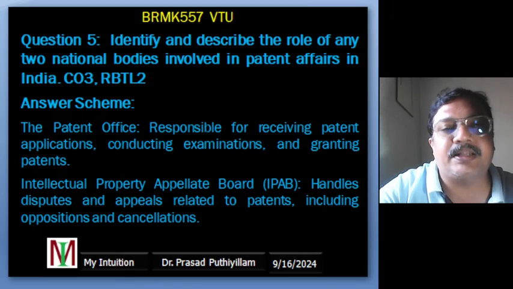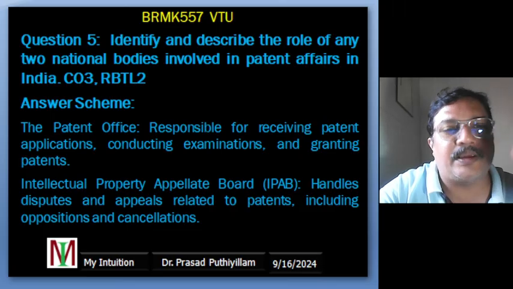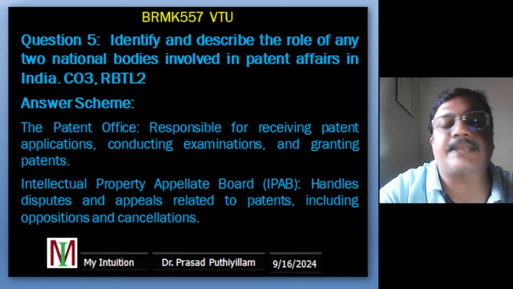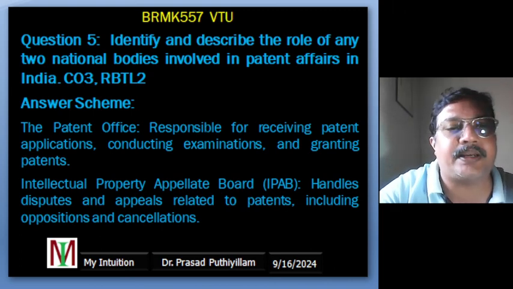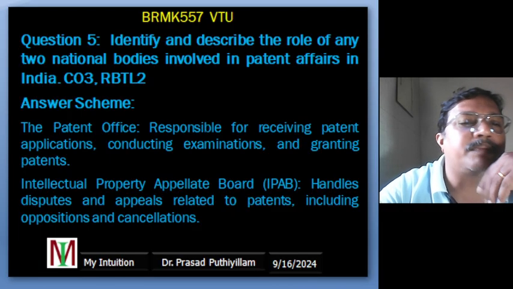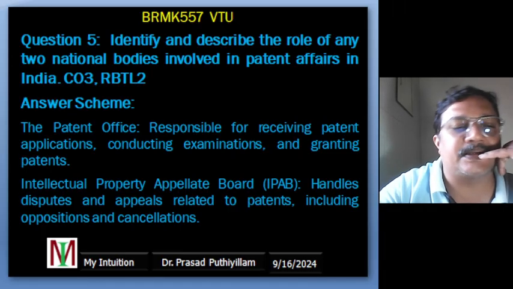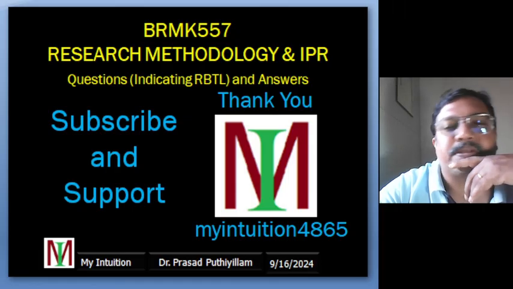The IPAB will look into the case carefully and decide whether our patent should stay or be cancelled. Similarly, if we think that another company's patent is invalid because it is not new or original, we can also take this issue to the IPAB to get a fair decision. I think that's about module 3.